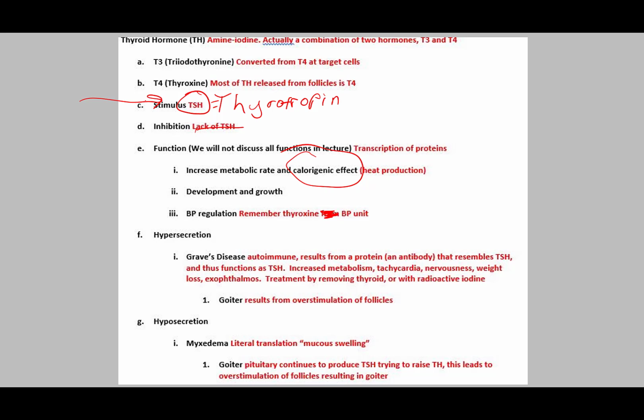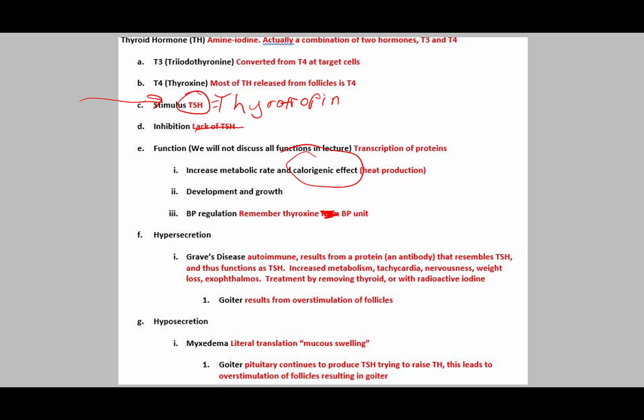Causes increased metabolism. Causes tachycardia, which is increased heart rate. Causes nervousness. Weight loss, because if you're very metabolically active, you're burning a lot of calories, you're losing weight. Causes something called exophthalmos, which is bulging eyes.